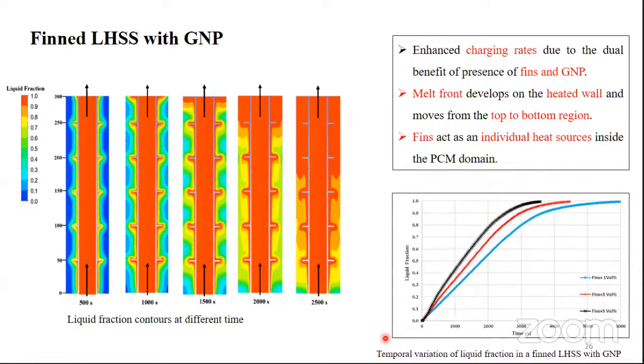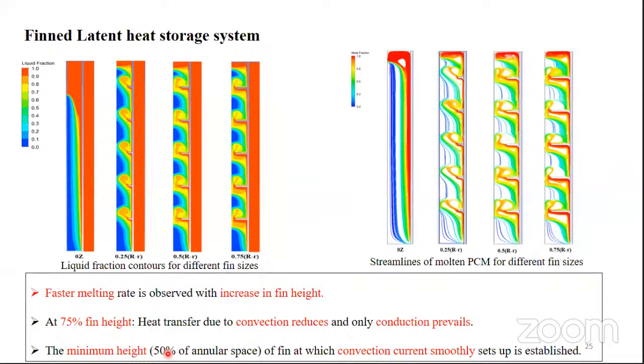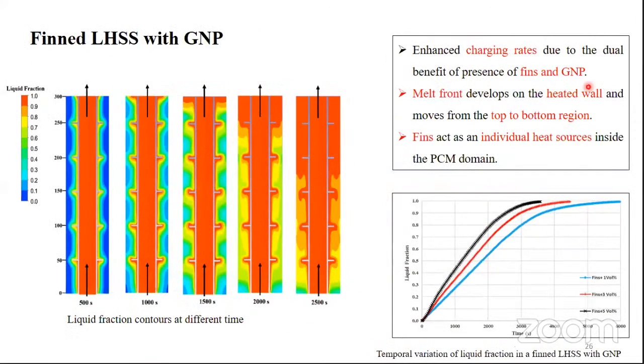But when utilizing graphene nanoplatelets and fins, we found that generally after a certain height, as I showed in my previous slide, like 50% and at 75%, the convection reduces and the fins start acting as an individual heat source, which is not a very good situation.